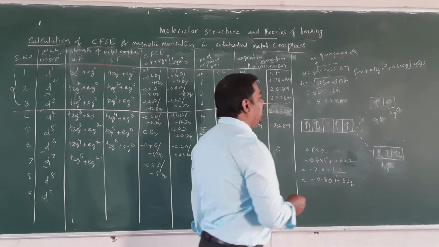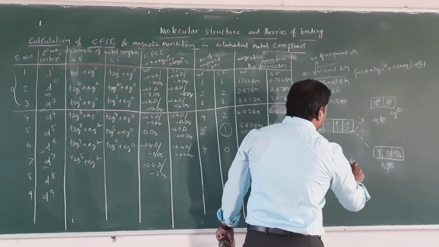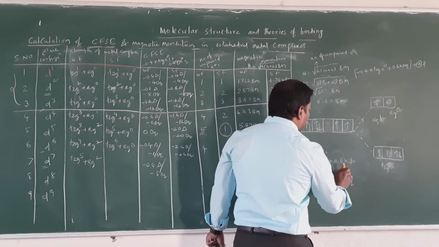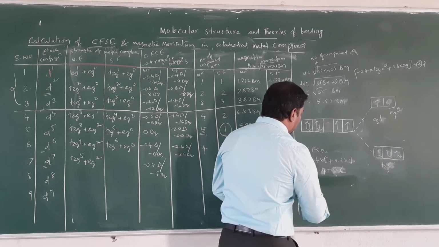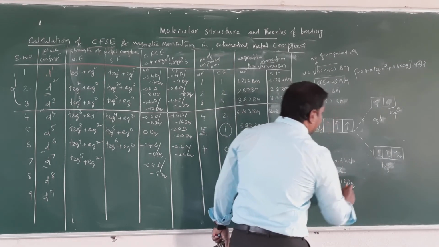So therefore t2g6 and eg1. So 0.4 into 6 is equal to 2.4, and 0.6 into 1, so the value is equal to minus 1.8 delta or minus 18 Dq.